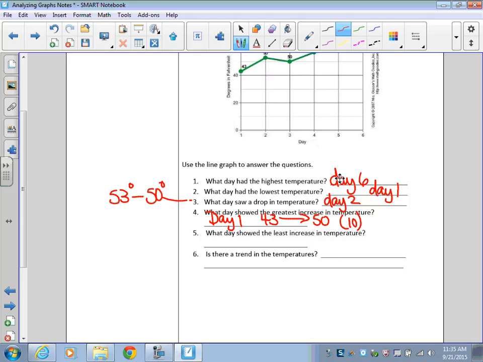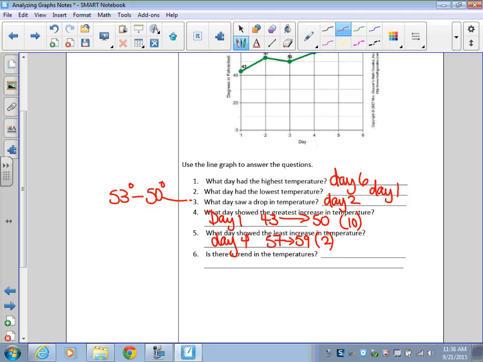Greatest increase, we moved up by 10. Number 5, what day showed the least increase in temperature? That would be day 4, because we went from 57 degrees to 59 degrees. That's only an increase of 2.